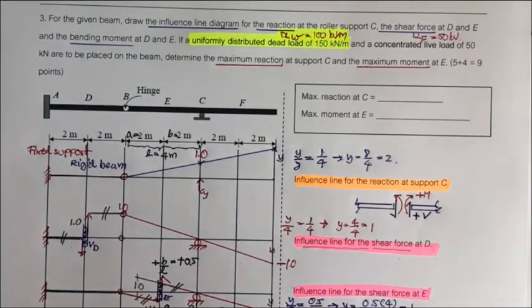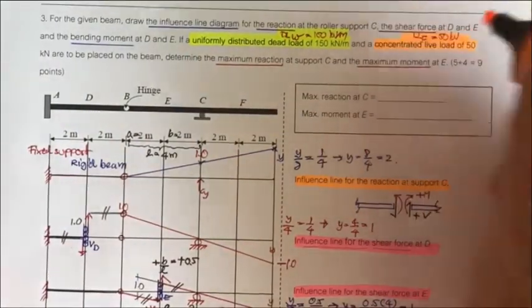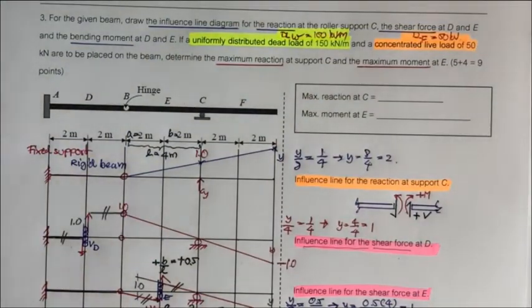And another one, we have the concentrated live load. That is going to be a kind of point load. When you place it, you're going to find the maximum coordinate for the most influence area, or a larger area.